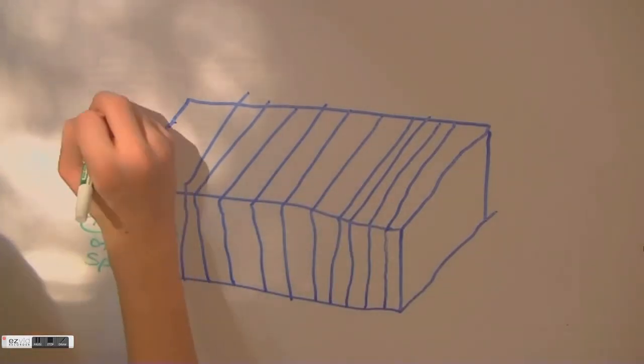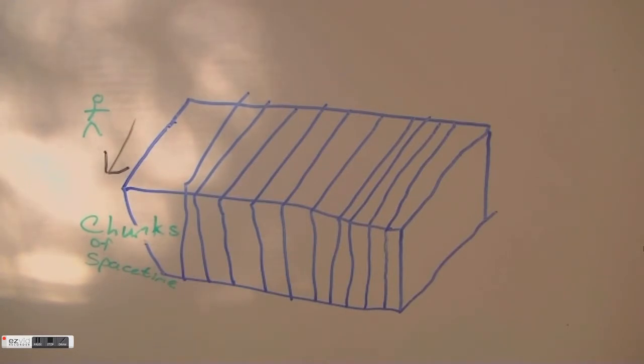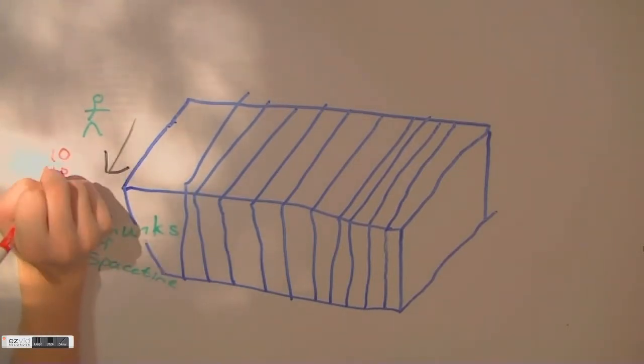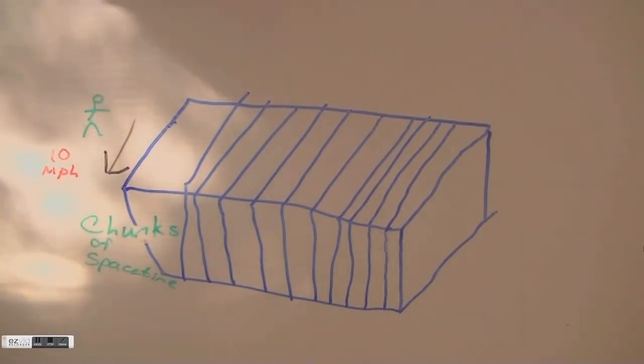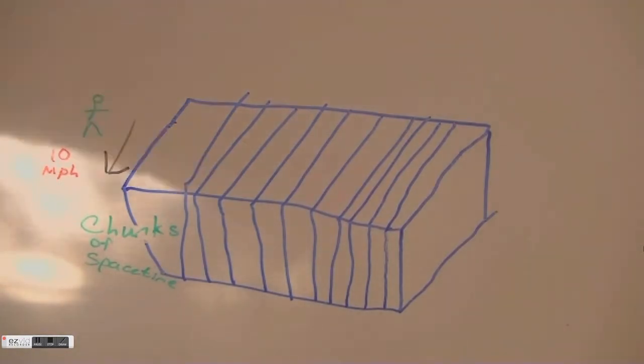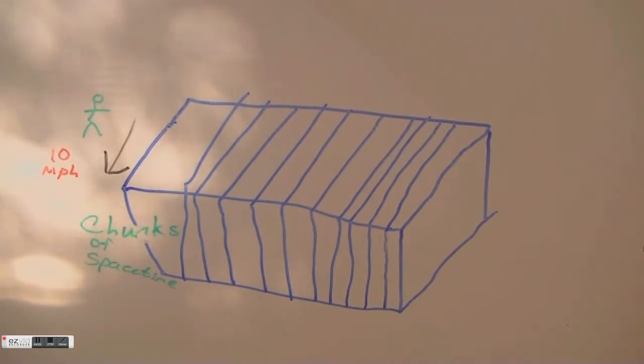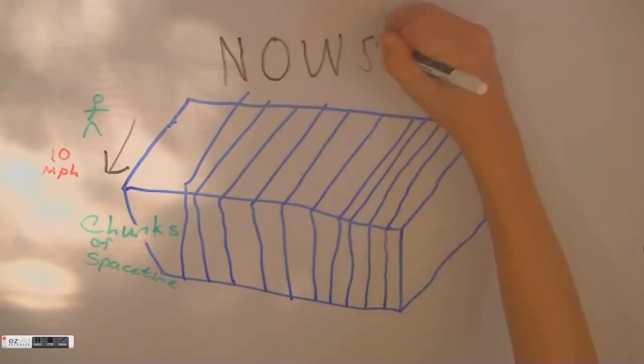Now the now slice is basically your concept of what is happening right now according to you. It's basically angled in a certain direction. So what you think is happening to you right now, to an object millions of light years away, happened millions of years ago. So basically your now slice, whenever you're moving at a constant velocity, is angled.